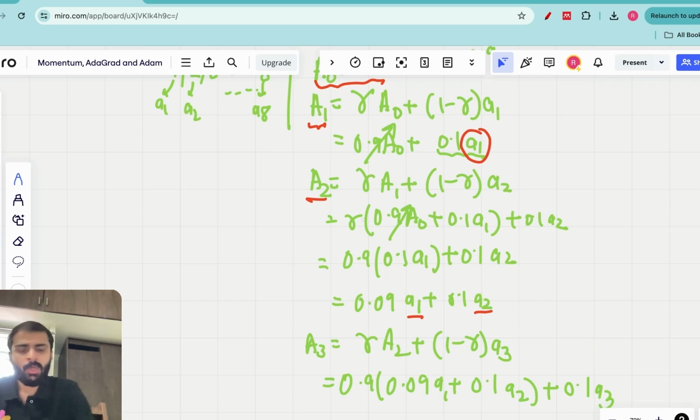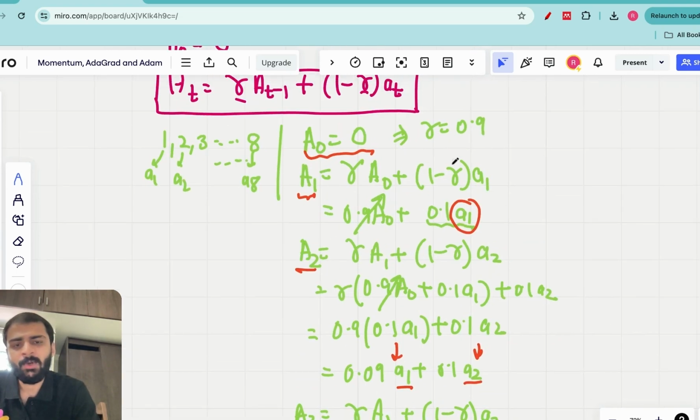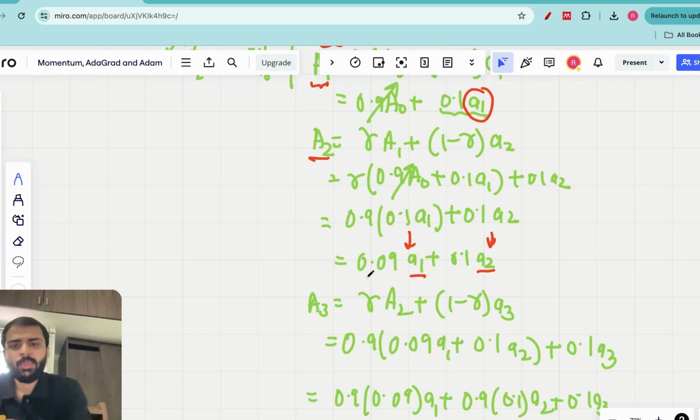So it has the contribution of the current element, which is a2, but also of the past element. And what is the contribution of the past element? Since the value of gamma is around 0.9, the contribution of the past element is very small, much less than the contribution of the current element.